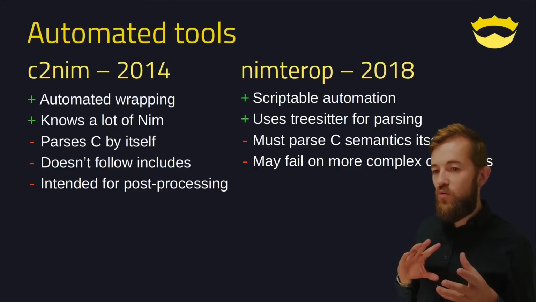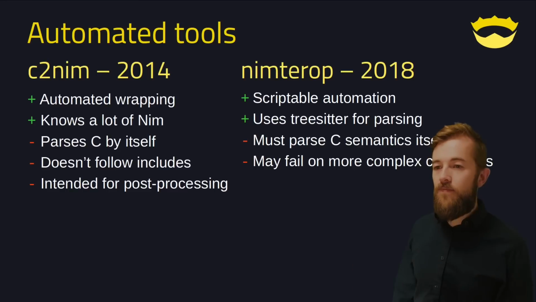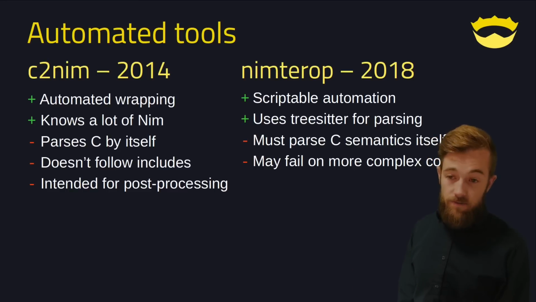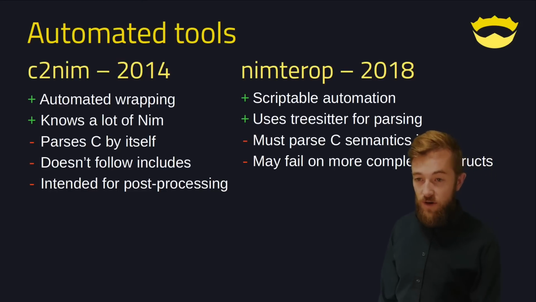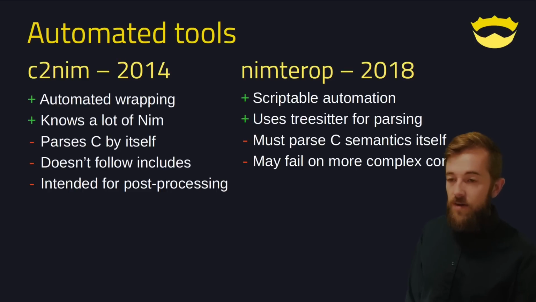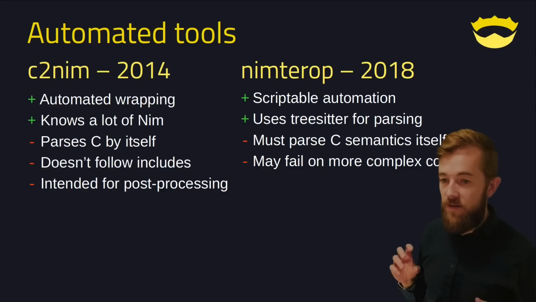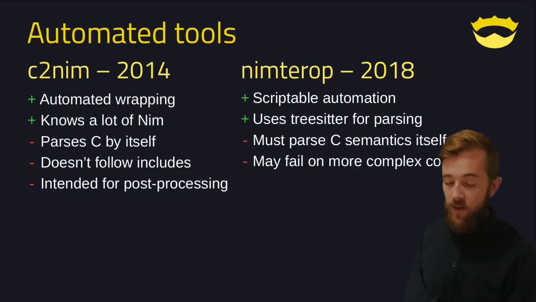And it doesn't do if-defs, and it still doesn't handle all of that. And as it says in the manual, it may fail on more complex constructs. And that is just, again, a C parser meant for syntax highlighting. It doesn't have to be perfect, so it isn't. And it may fail if you have more complicated stuff, especially with lots of macros and things like that.